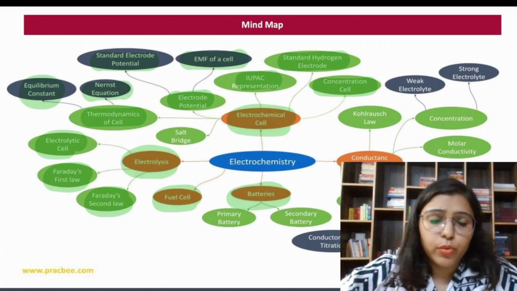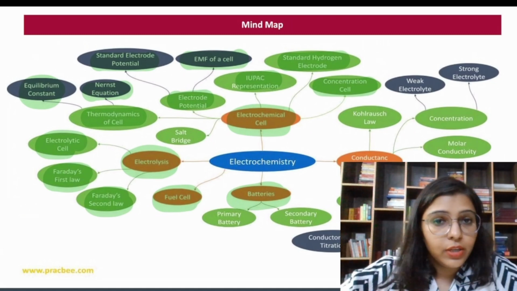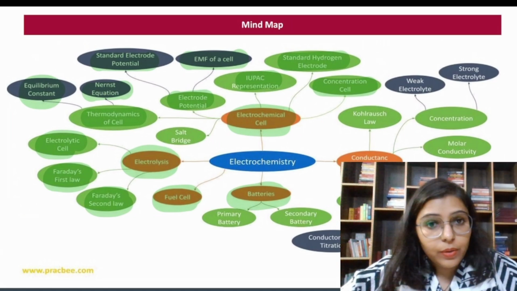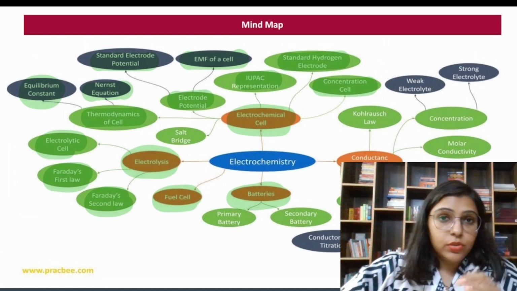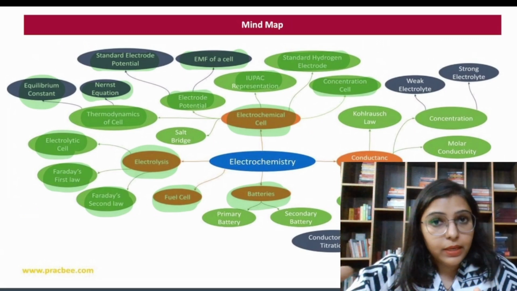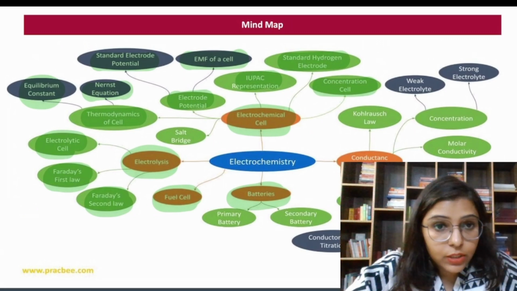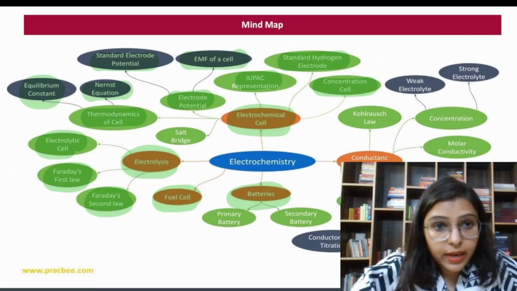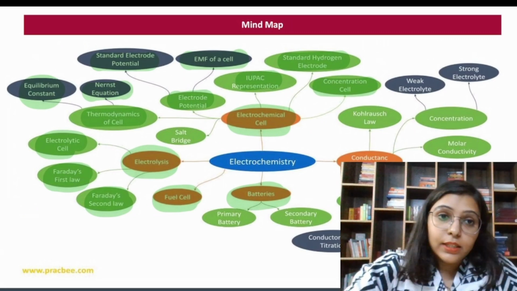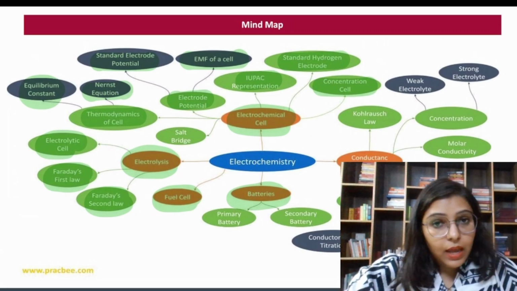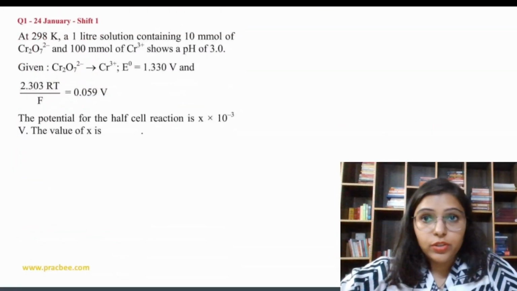We are going to discuss questions related to conductometric titration. It's very simple. So I hope I am clear about what you need to study and revise before starting with the questions. Now, let's start with question number 1.